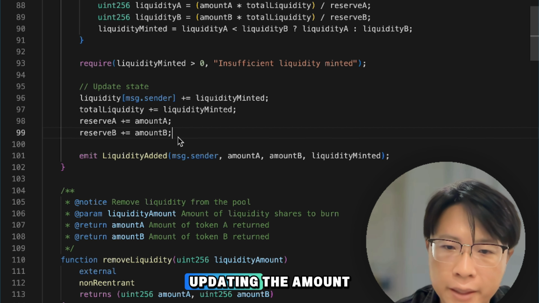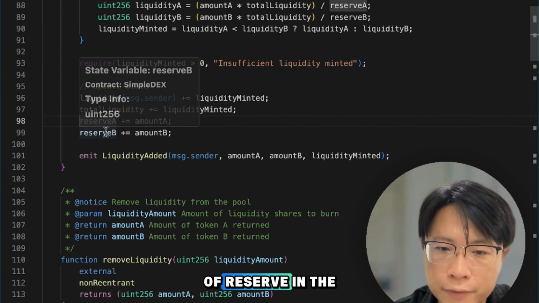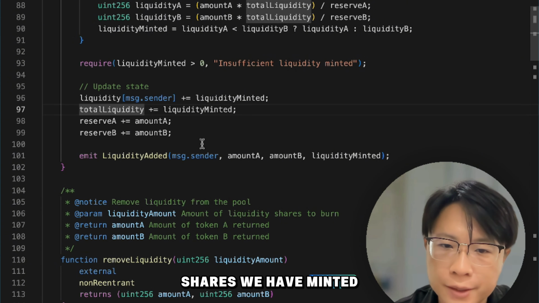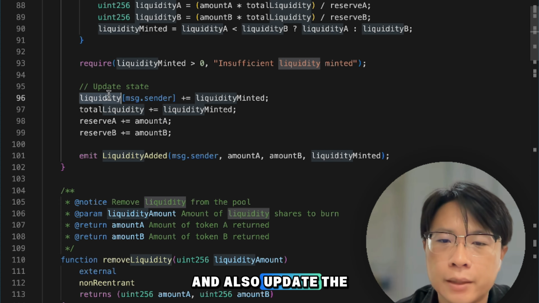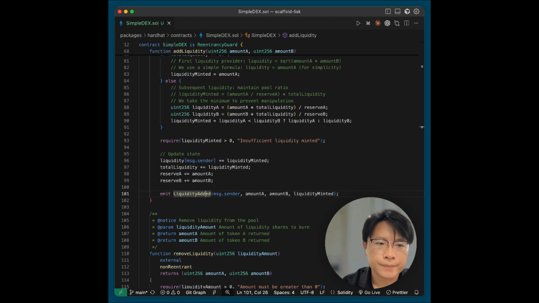Then we'll be updating the amount of reserve in the pool and the total liquidity shares we have minted, and also the mapping of that user to see how much we have minted to him or her, and finally emit the event.